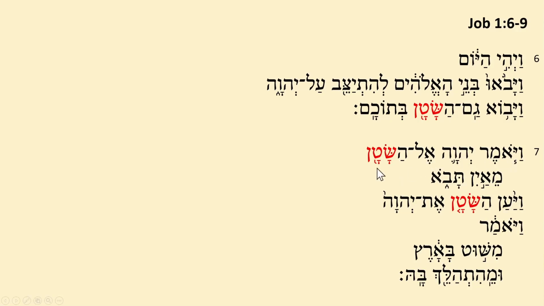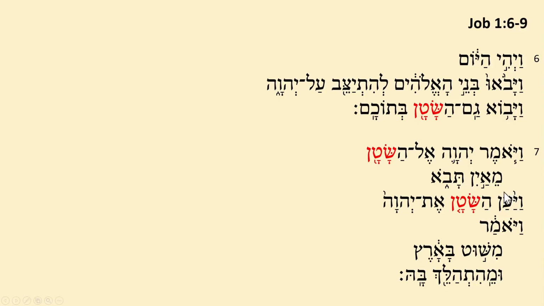Yahweh said to the Satan, the accuser, Me'ayin tavo. From where have you come? Now, I realize this is a yiktol, so it's not a katal, but translators still translate it as a past. Yiktol is the slipperiest of all these forms, these verb forms that can really have quite a lot of different meanings.